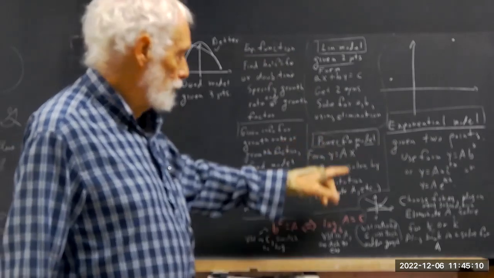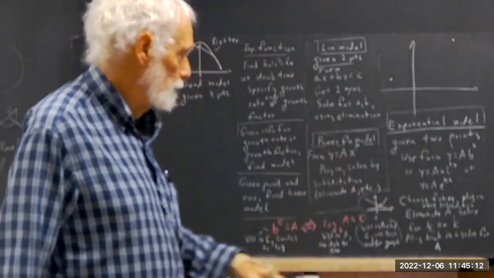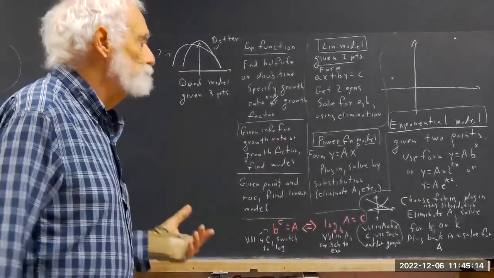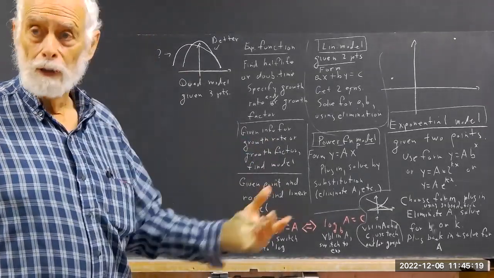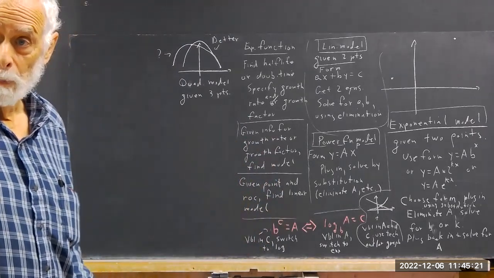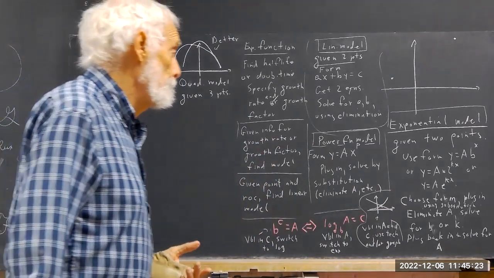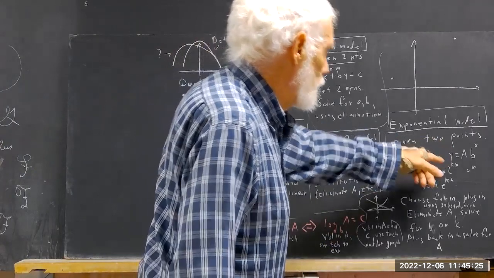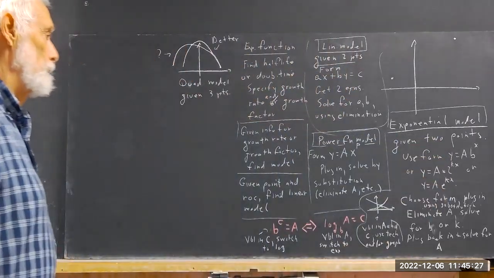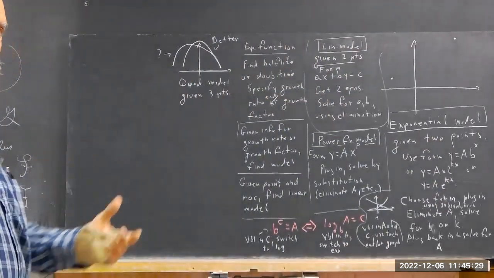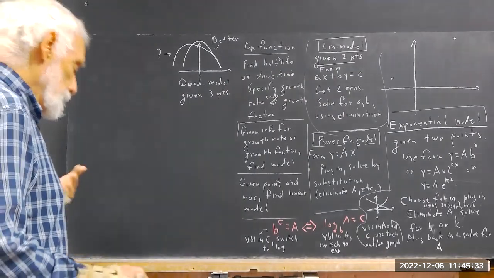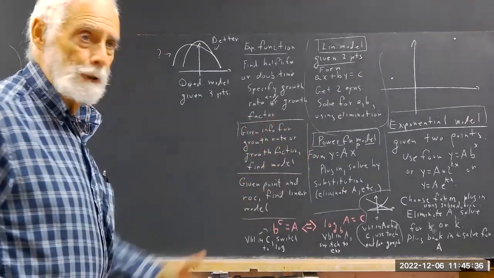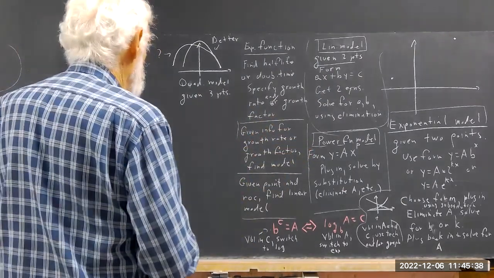Power function, same thing, very similar to exponential, but the solution process differs. You end up having to solve for the exponent, which means you're going to have to use a logarithmic form. Use ab to the x over here. You just have to take an algebraic power and finish the solution. But either way, it's something that you should be able to pretty easily do.